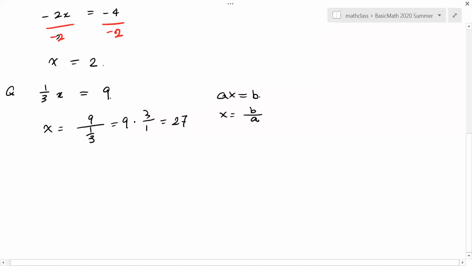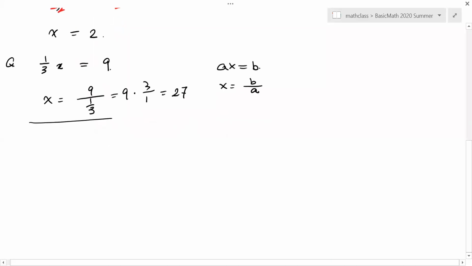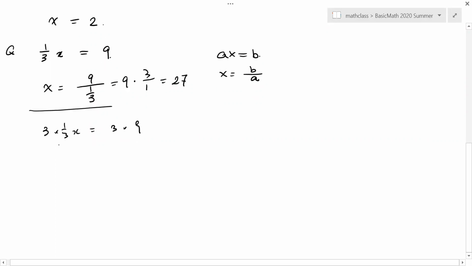Or you can try another way. If you don't like the fractions, you multiply both sides by 3. So 3 times 1/3 of x is 3 times 9. The left-hand side is just going to be x, and the right-hand side is 27. So that's another way to do it.